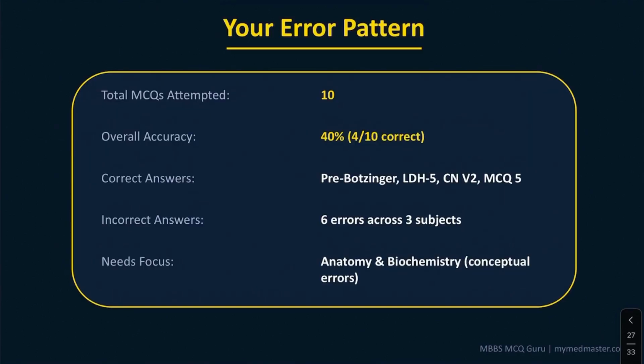After all the MCQs, this tool builds a complete picture of your thinking pattern. Look at this, total MCQs attempted. What is your overall accuracy? 40%. Which are the correct answers? Which are the incorrect answers? And what are your needs particular to the subjects where you should focus? What are your weak areas or weak subjects?